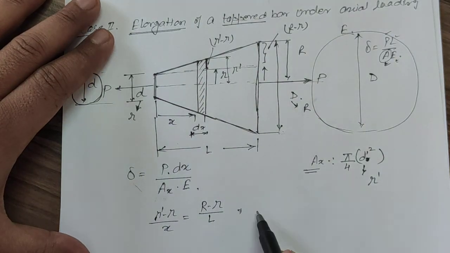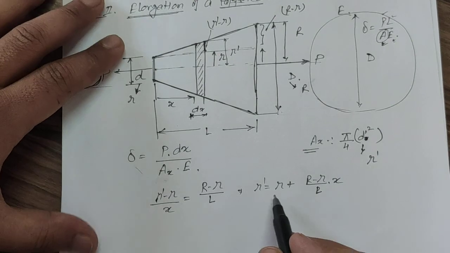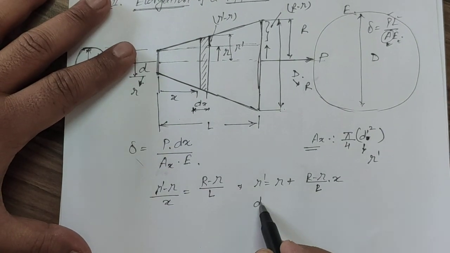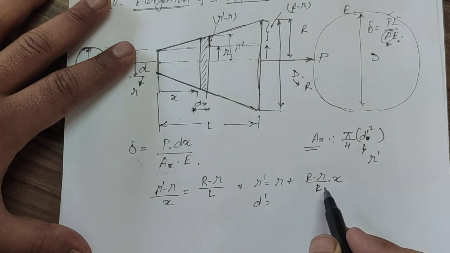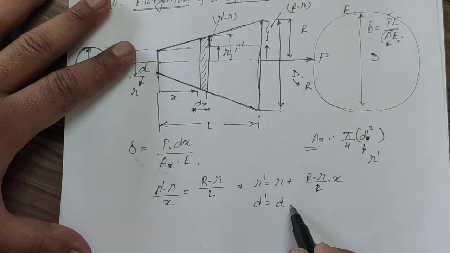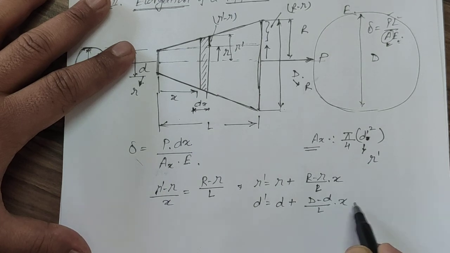From here we can write r dash is equal to r plus ((R minus r) by L) multiplied by x. In terms of diameter, multiplying by 2 on both sides, d dash is equal to d plus ((D minus d) divided by L) into x.